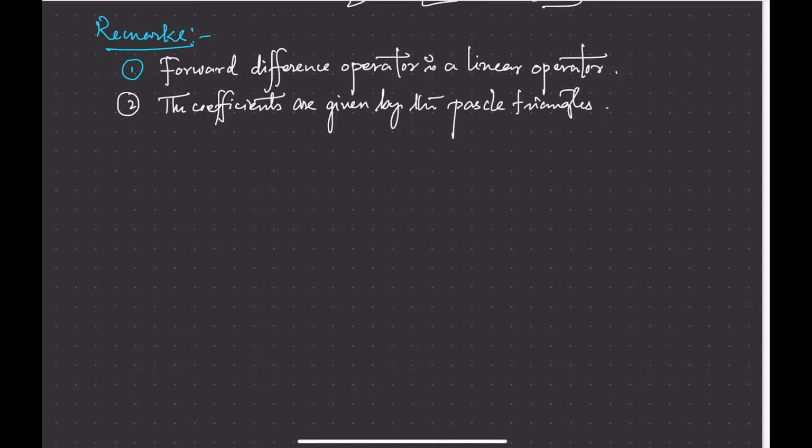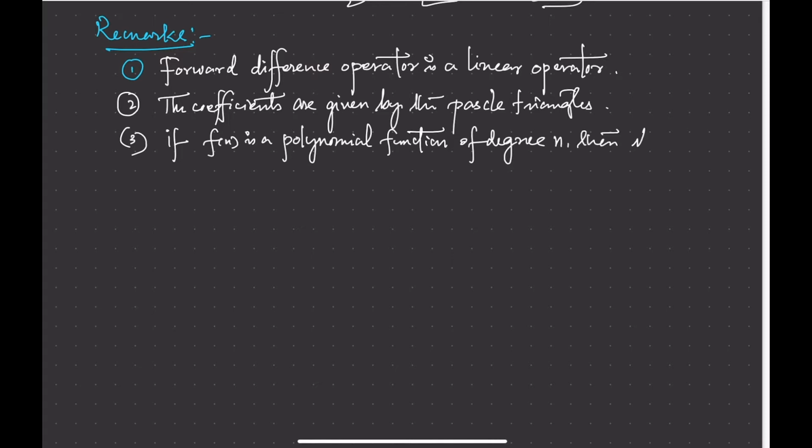If f of x is a polynomial function of degree n, then it can be verified that the nth difference is constant and the next difference is 0.